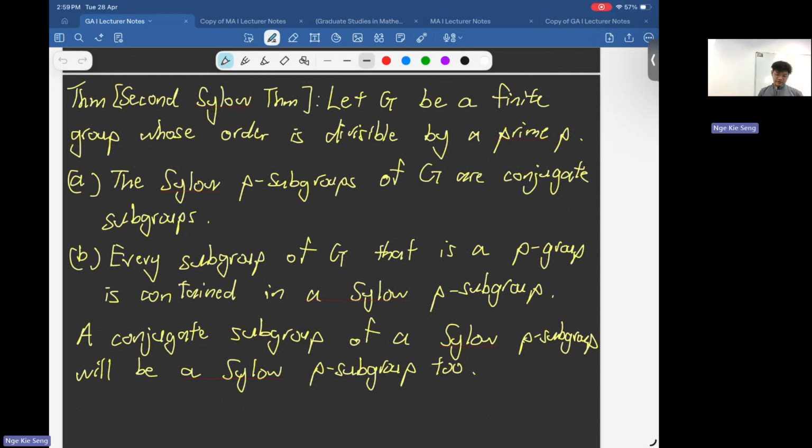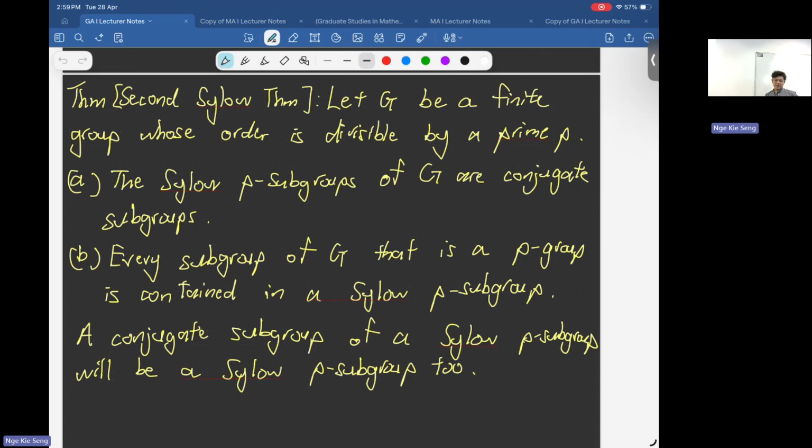And every subgroup of G that is a p group will be contained in a Sylow p subgroup. So the Sylow p subgroup is kind of a mother p group. If you have any other p group, it should be contained in some Sylow p group, because Sylow has the largest order p to the e. It makes sense to think about that, and it actually turns out to be true.